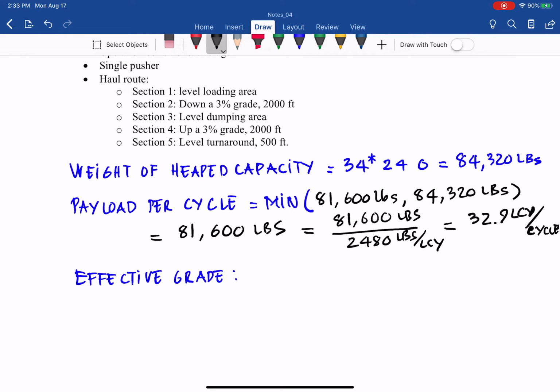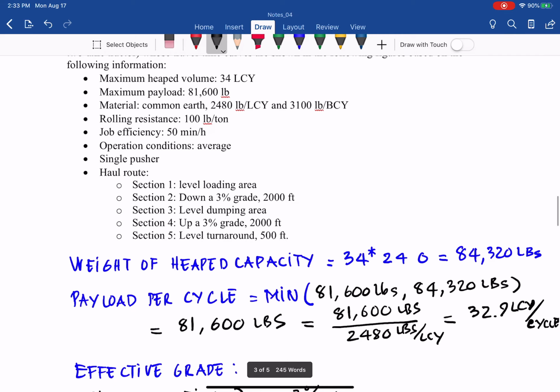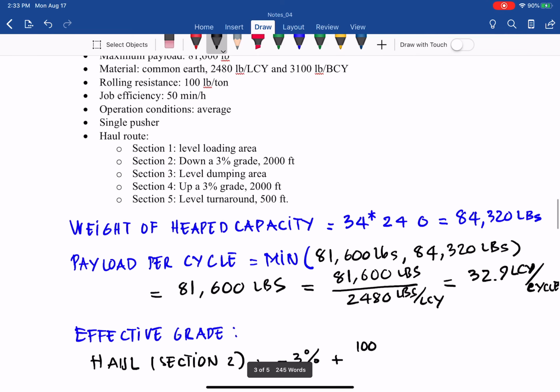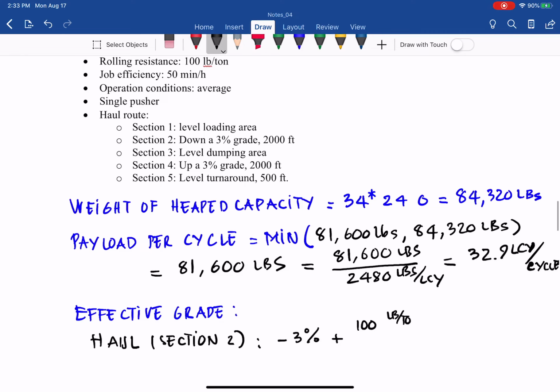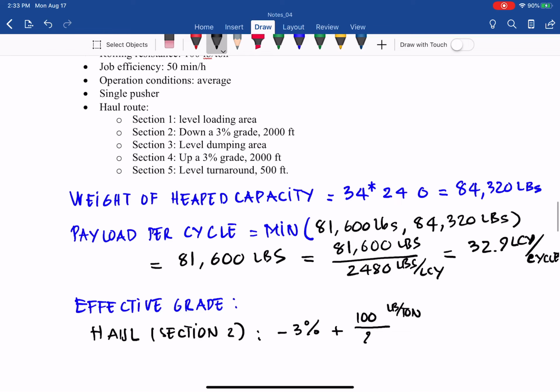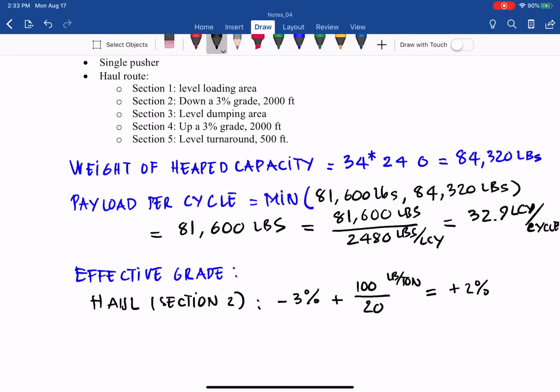You have down 3%, so it will be negative 3% slope, plus rolling resistance 100 pounds per ton divided by 20, something we do in lesson 3. From that we get plus 2%. So that is the effective rate for the haul section 2.